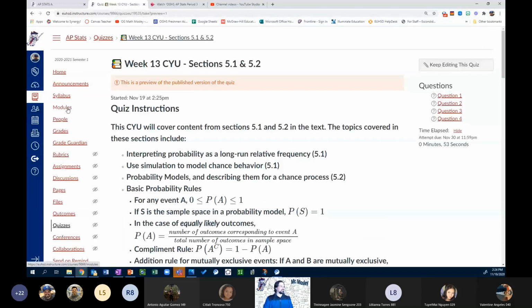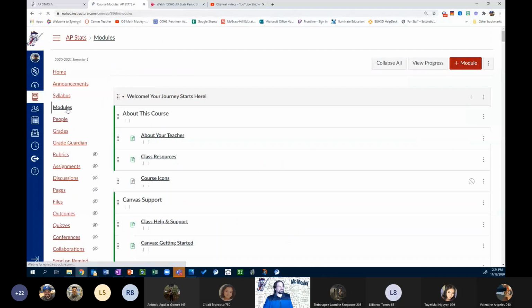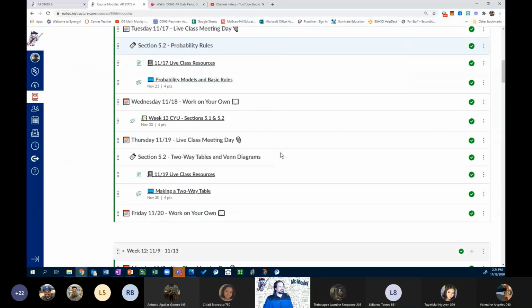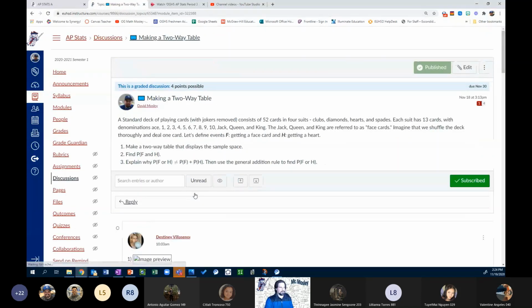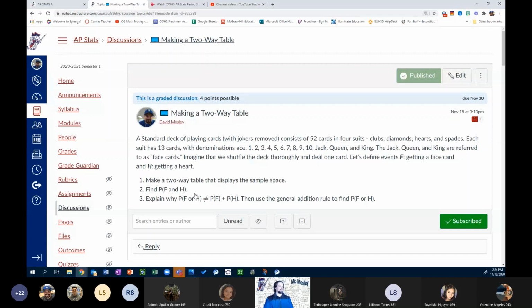And then our discussion board. A standard deck of playing cards with jokers removed consists of 52 cards in 4 suits: clubs, diamonds, hearts, and spades. Each suit has 13 cards with denominations.